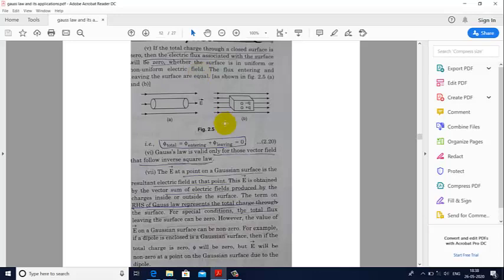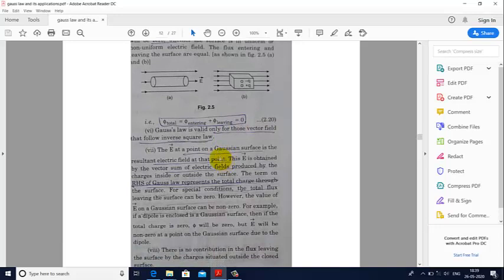Okay, so the phi total will be phi entering plus phi leaving. Phi entering is equals to phi leaving, but sign of both of them will be opposite because phi entering is the number of electric field lines which enter the surface, and phi leaving is the number of electric field lines that leaves the surface. So the phi total will be 0.